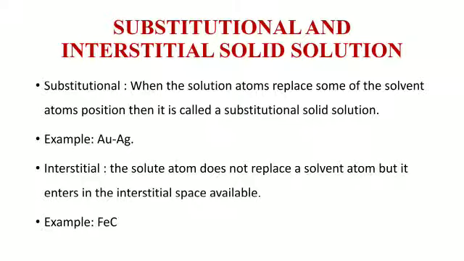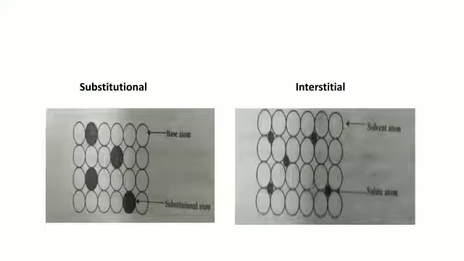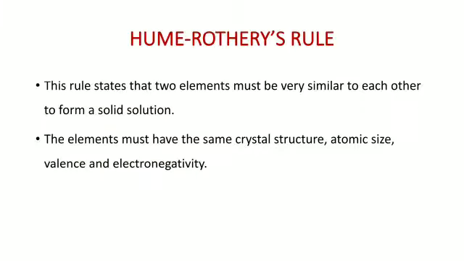For example, silver and gold atoms. Interstitial solid solutions. The solute atom does not replace a solvent atom, but it enters in the interstitial space available. Here you can see the substitutional and interstitial solid solutions.